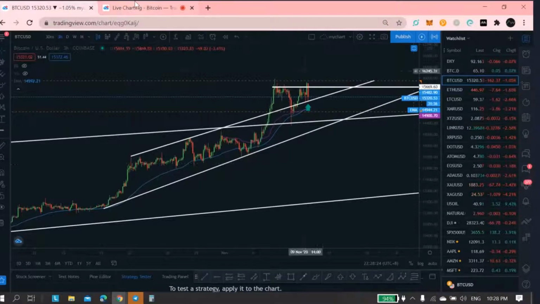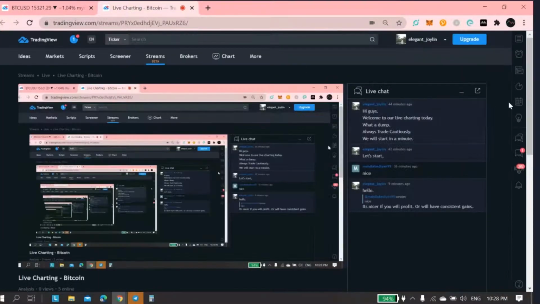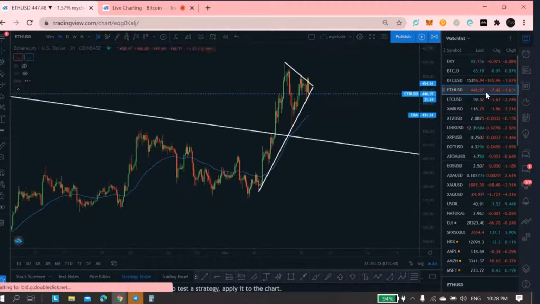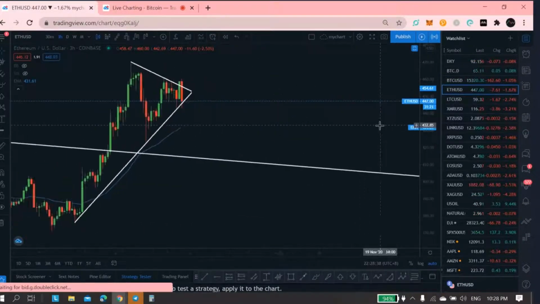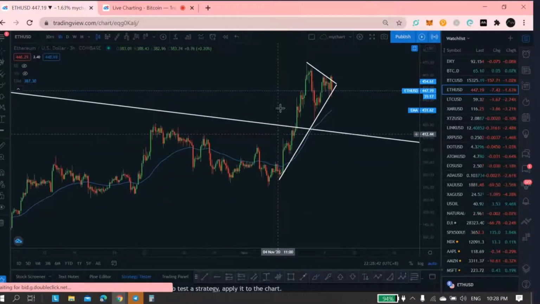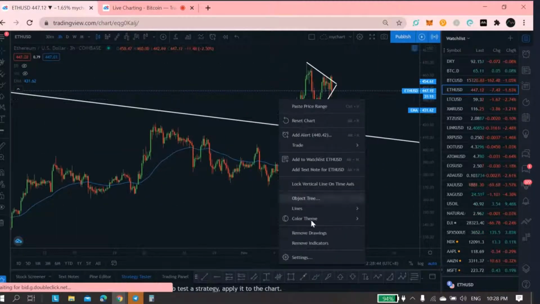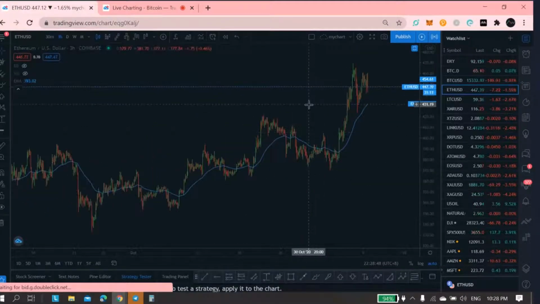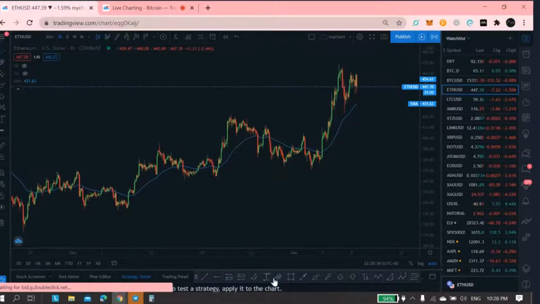So next, let's move on to Ethereum. I was also looking at it a while ago. Anyway, using this 3 hours time frame, let's add also this one.